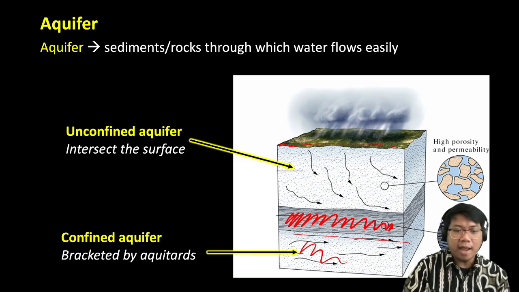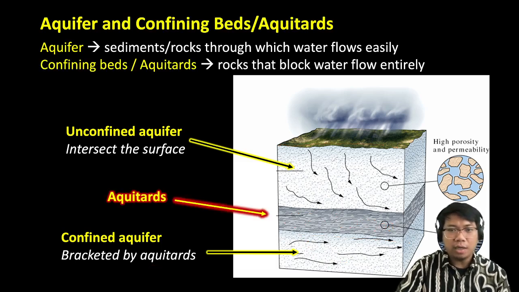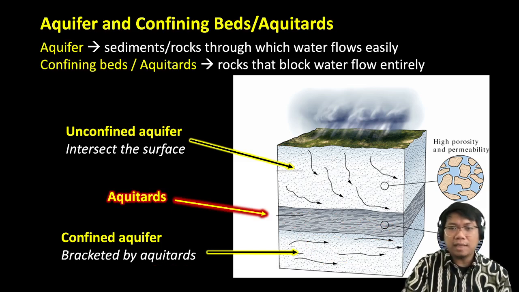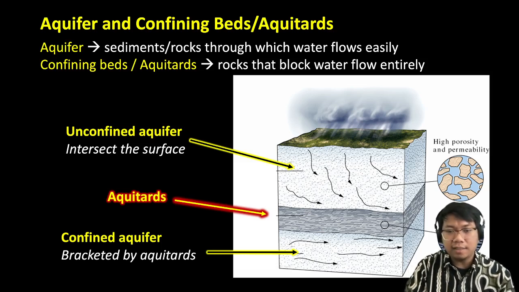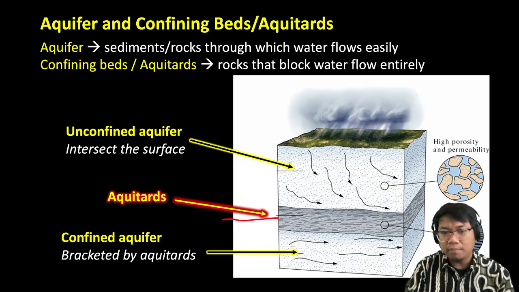It's bracketed by aquitard. So what is aquitard? Aquitards are rocks that block water flow entirely. And in this example it is illustrated by this impermeable layer that sits right here in between the two aquifers.